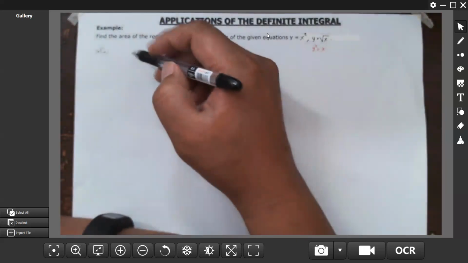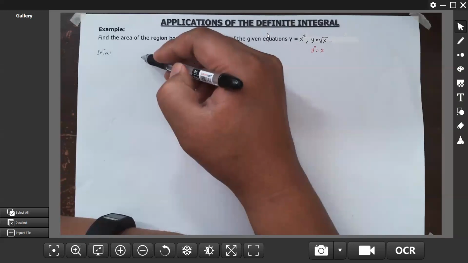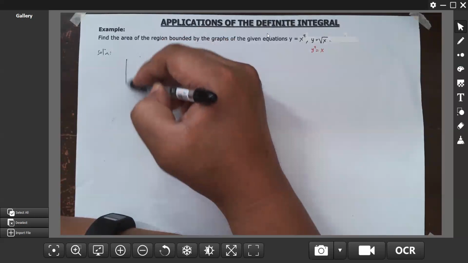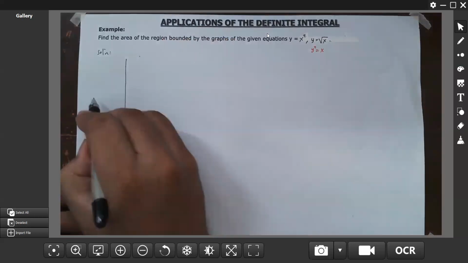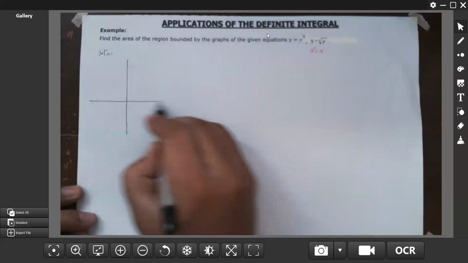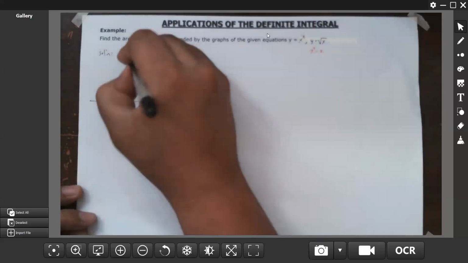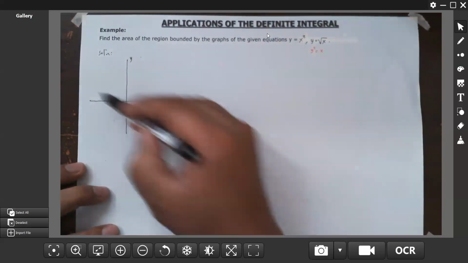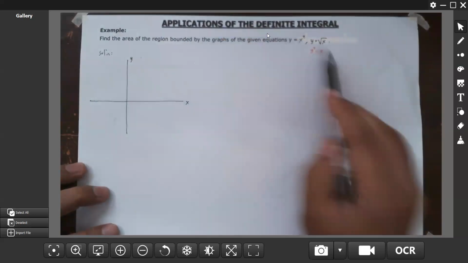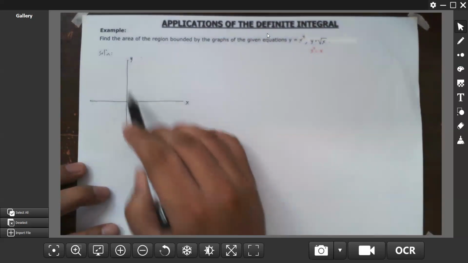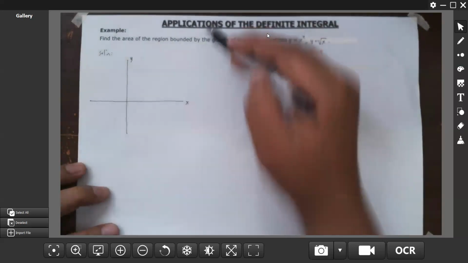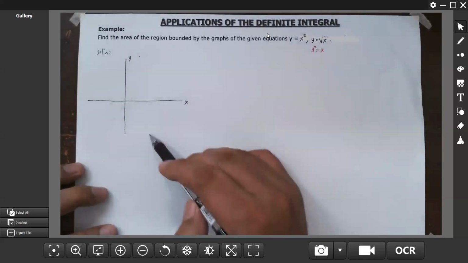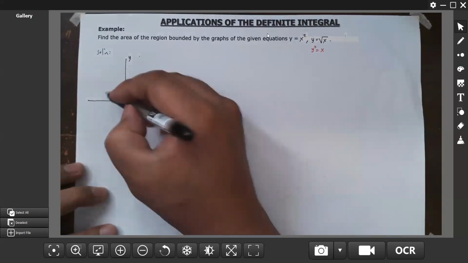If we try to graph it, one is opening upward, the other one opening to the right.